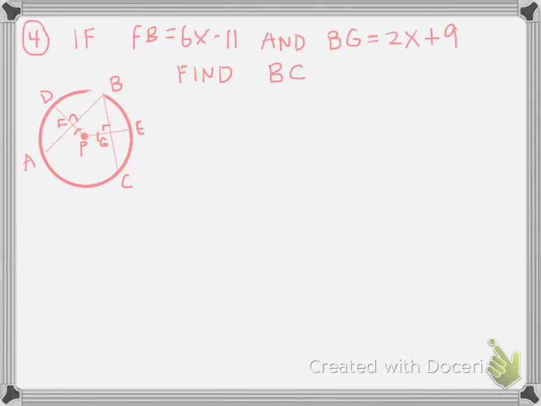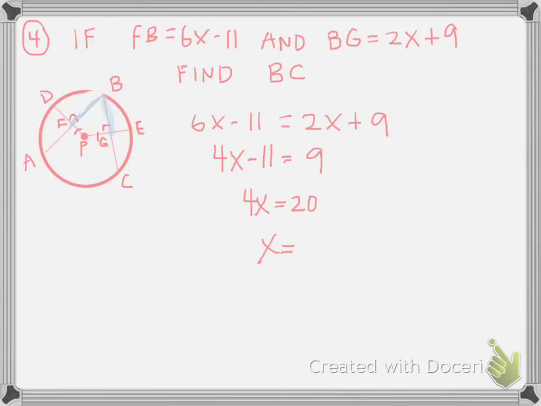So this distance and this distance are going to be congruent. So 6x minus 11 is going to be equal to 2x plus 9. So subtract, you'll get 4x minus 11 equals 9, and add your 11, so 4x is going to be equal to 20. So x would be equal to 5.